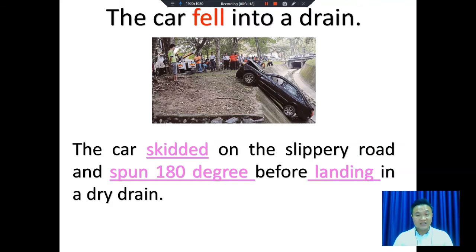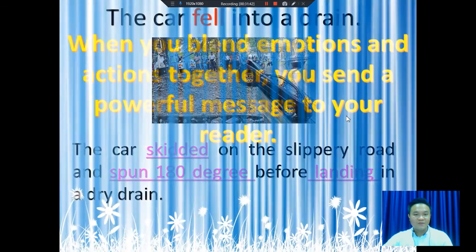The car skidded on the slippery road and spun 180 degrees before landing in the dry drain. Oh, so much detail in it. When you write in this way, the marker feels, wow, it's so real. Your accident is so real. You describe it in such good detail. Now let's look at the next slide.